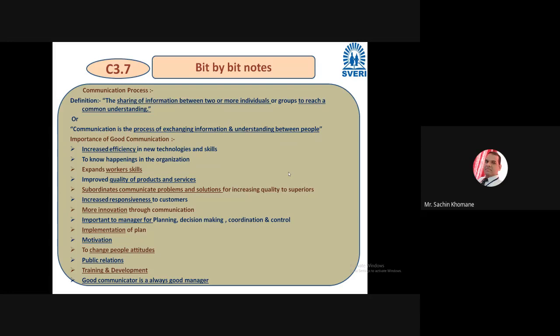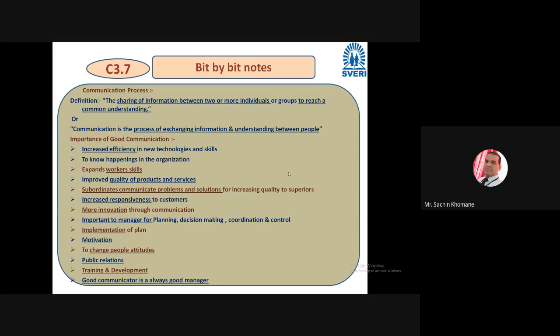For increased responsiveness also, this communication process is important. How will customers or consumers respond to you, how will they give feedback to you, right? Sometimes it may be oral, sometimes it may be written. It may be any medium of communication, but for increased responsiveness, good communication is important.